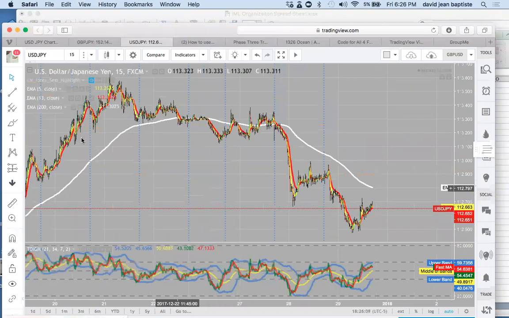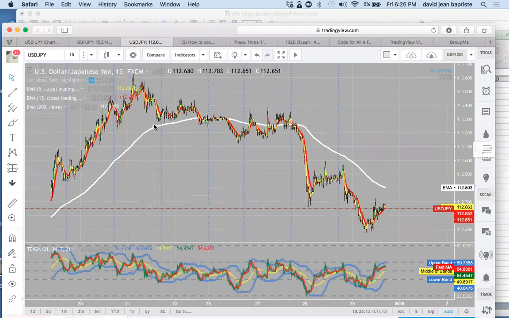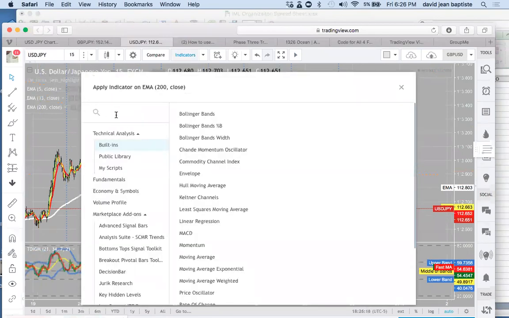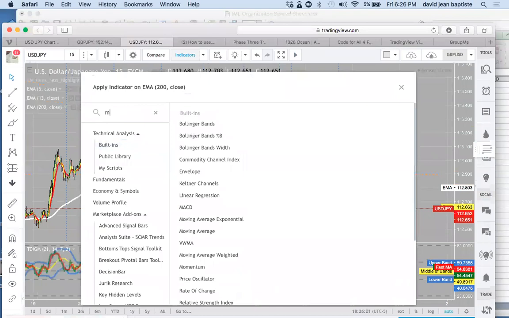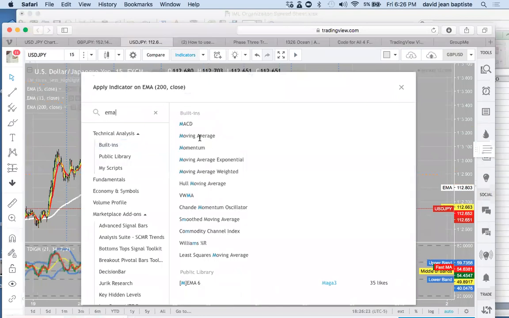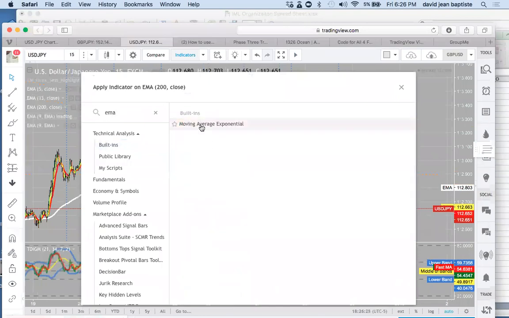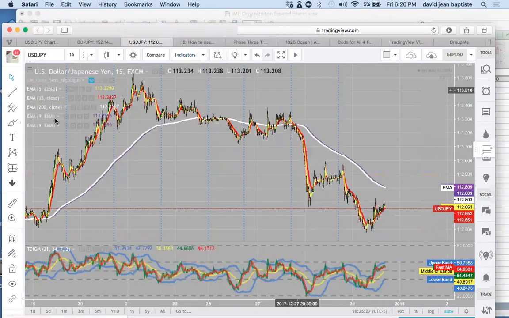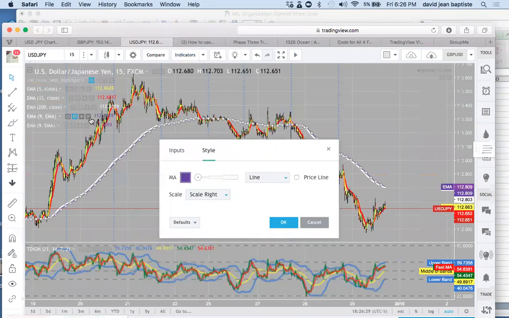If you have your EMAs, you can have your EMAs. For some reason, 2 of my EMAs are not showing up. Let me just add them real quick because it's very important. Okay, I just added 2, and I'll fix them real quick.